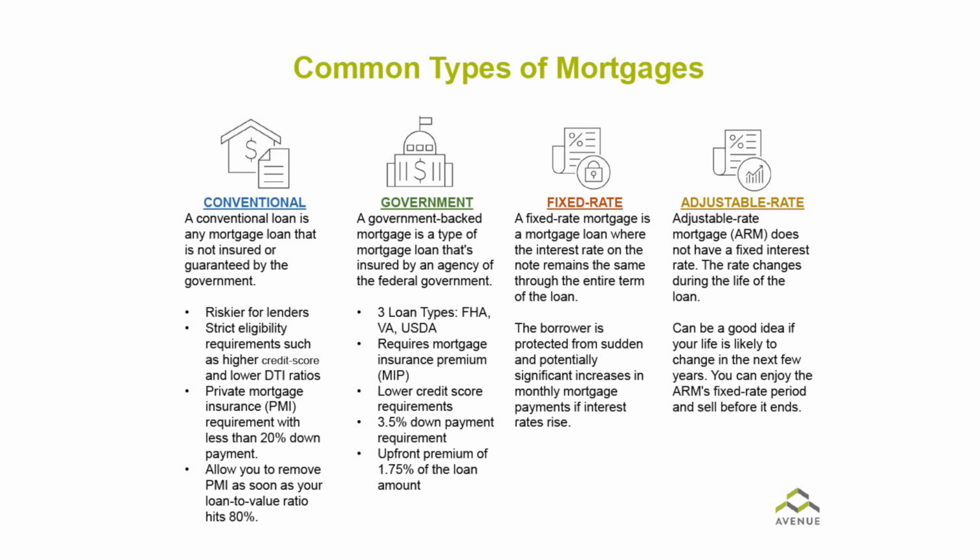The conventional loans are riskier. The government loans have three types: FHA, VA, and USDA. The FHA is the Federal Housing Administration, the VA is Veterans Affairs, and the USDA is a rural or ag type loan.